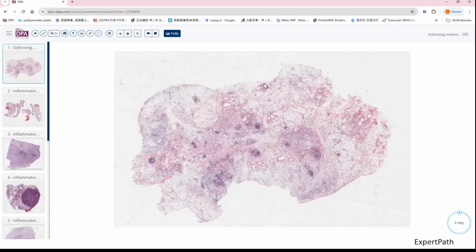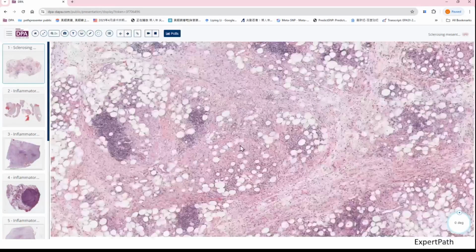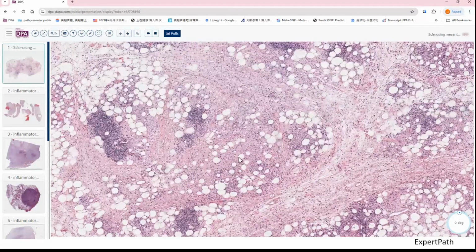This is the first entity we just talked about, sclerosing mesenteritis. At low power, it looks like a piece of connective tissue including adipocytes. Even at this power, we can see some lymphoid aggregation. Some fat is healthy, but in the middle we can see this fat is necrotic, because the adipocyte sizes are different, and between the adipocytes we have hyaline fibrotic stroma.